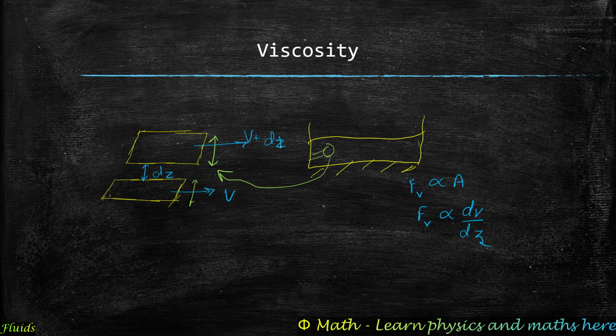Sorry, v plus dv. So v is the velocity of this, dv is a slight change in velocity, and this dv plus v is the velocity of the new box.